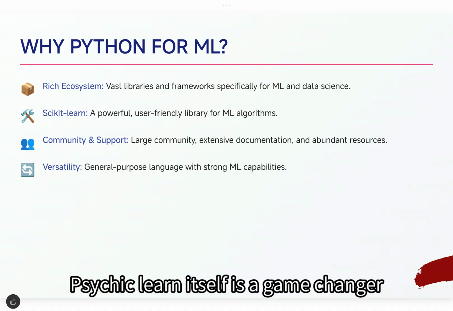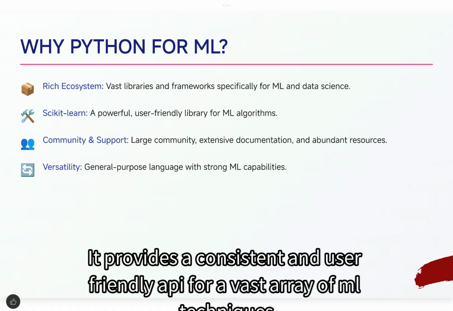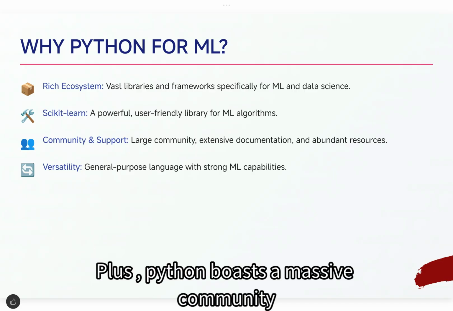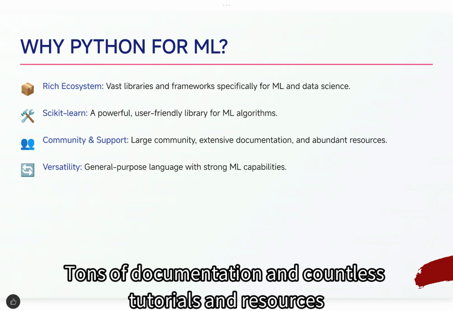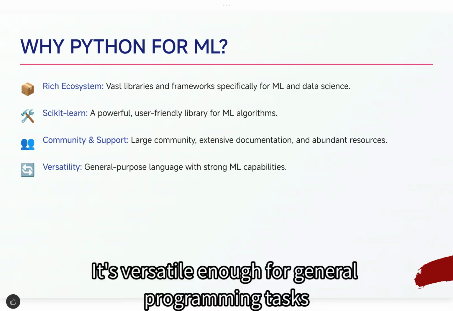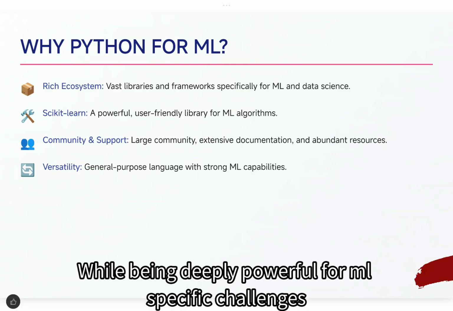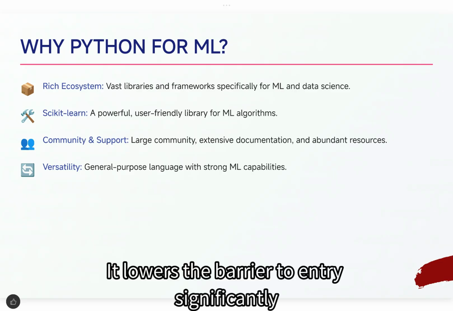Scikit-learn itself is a game changer. It provides a consistent and user-friendly API for a vast array of ML techniques. Plus, Python boasts a massive community, tons of documentation, and countless tutorials and resources. It's versatile enough for general programming tasks while being deeply powerful for ML-specific challenges. It lowers the barrier to entry significantly.